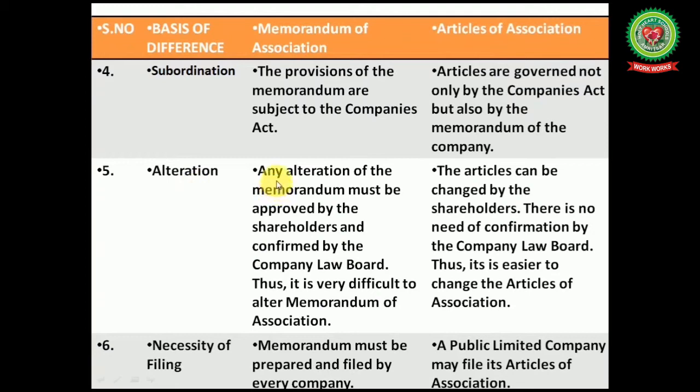Any alteration of the memorandum must be approved by the shareholders and confirmed by the Company Law Board. Thus, it is very difficult to alter the memorandum of association. But the articles can be changed by the shareholders, with no need of confirmation by the Company Law Board. Thus, it is easier to change the articles of association.